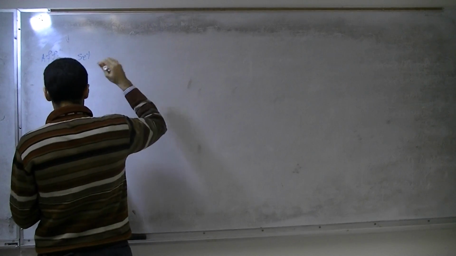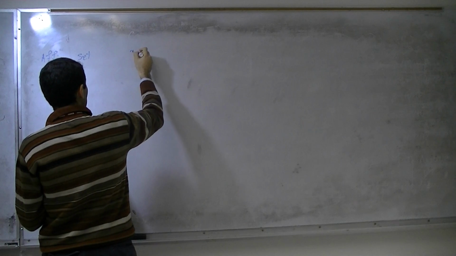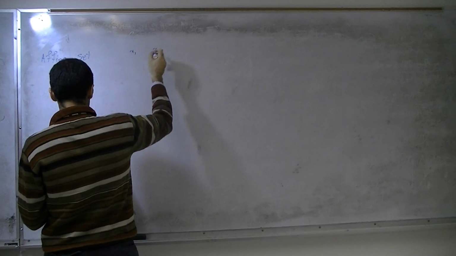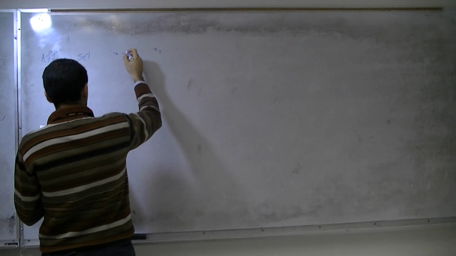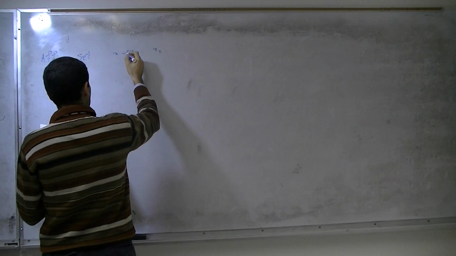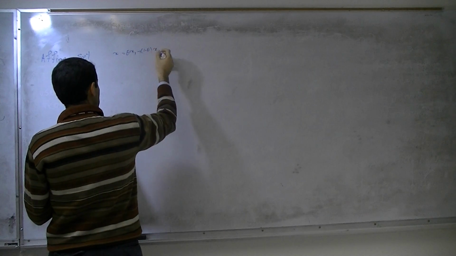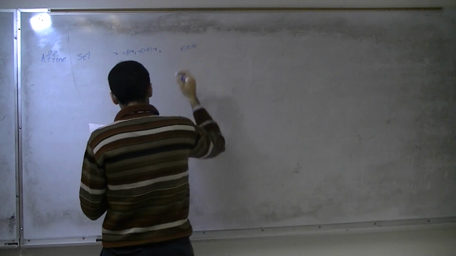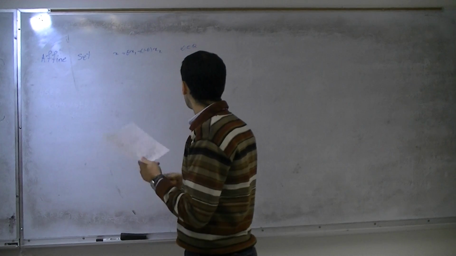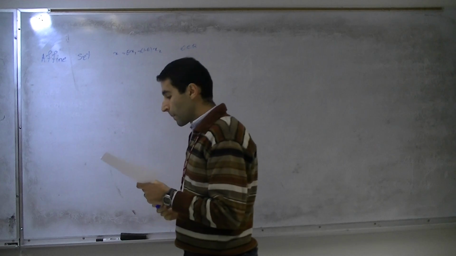For example, if we have 2 points x1 and x2, the affine set is all x of the form theta x1 plus (1 minus theta) x2, where theta is a real number.